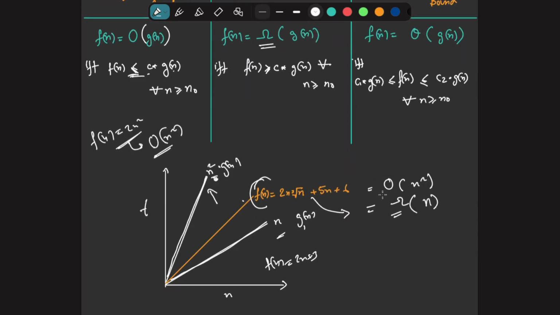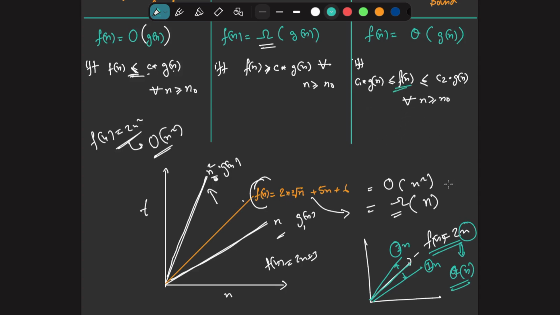Theta is a case where, for example, we have a function f of n equal to 2n. This is our function line, and we can determine this class. We write this as 3n and this as 1n. So these are two different constants, and these bounds are very tight, so it can be written as theta of n.